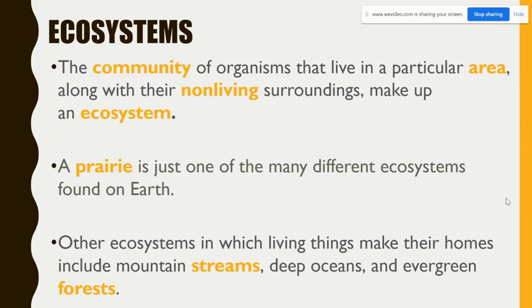Other ecosystems in which living things make their homes could be mountain streams, deep oceans, and evergreen forests. And those, as we get into next chapter, are called biomes, because they're in different areas and biomes combine multiple ecosystems.